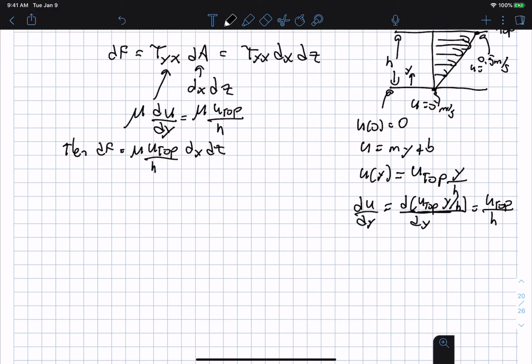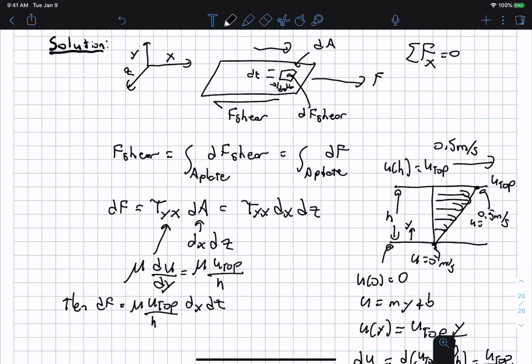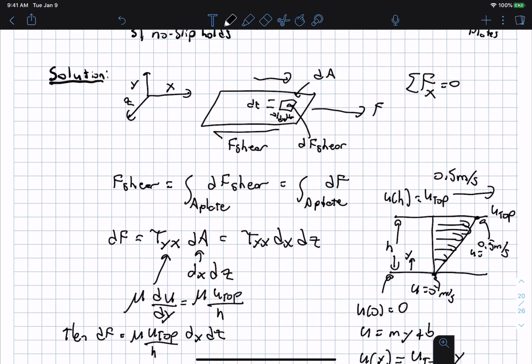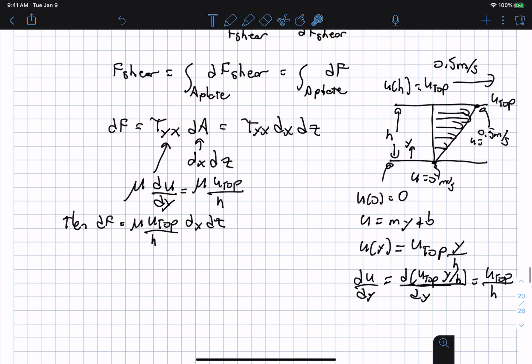So now we know, in terms of all of our knowns, the total force acting on that little plate area. For the purposes of getting a nice formula, I'm going to call this distance here W, and this distance here L. And now we need to integrate all of these shear forces over the entire plate.